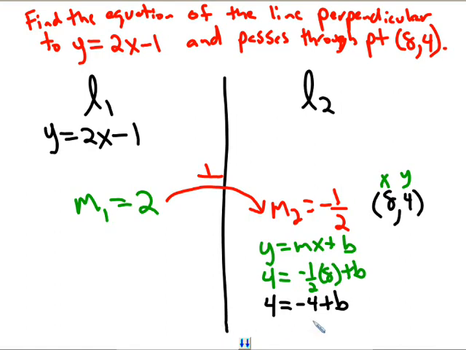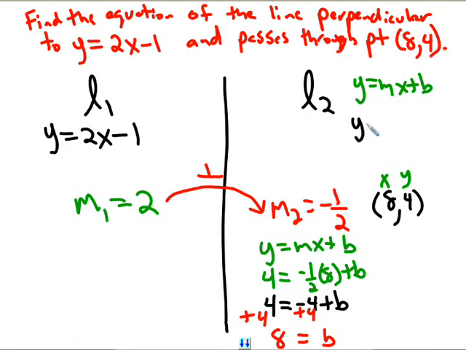Okay, so now I know what B is, I know what M is, so my equation is going to be what? I plug in M and B into this equation, and I find out that my answer is negative 1/2 x plus 8, and that's my answer right there.